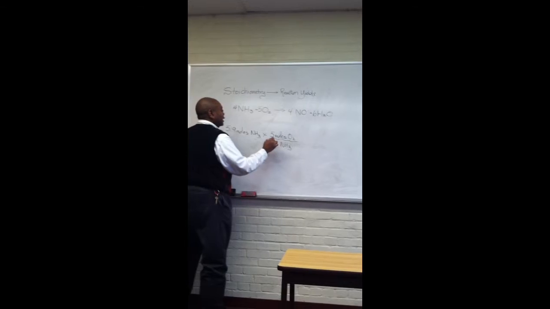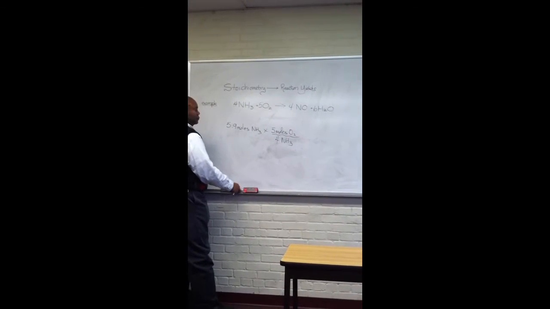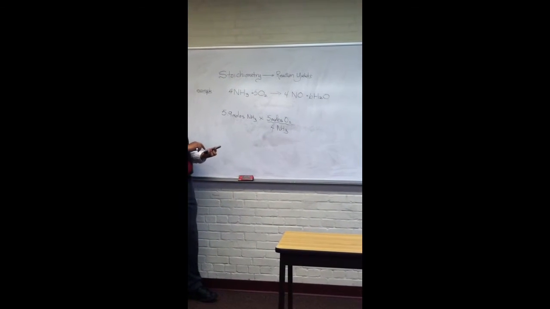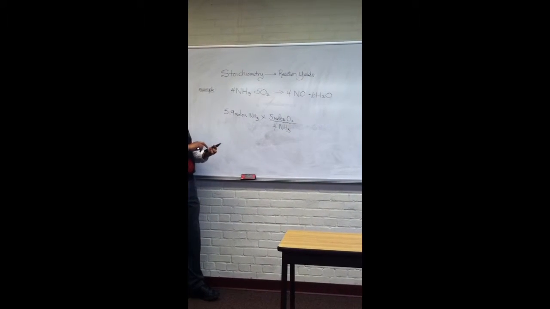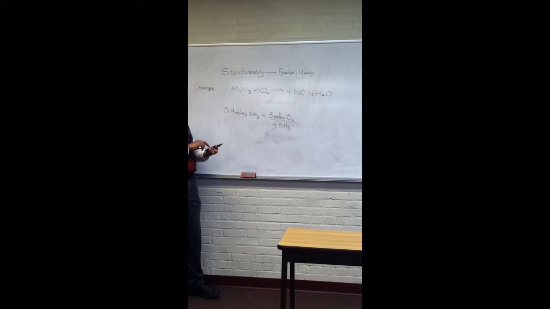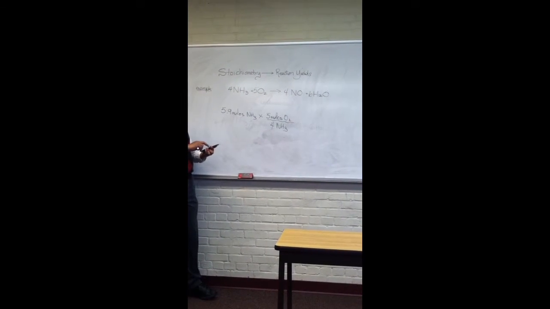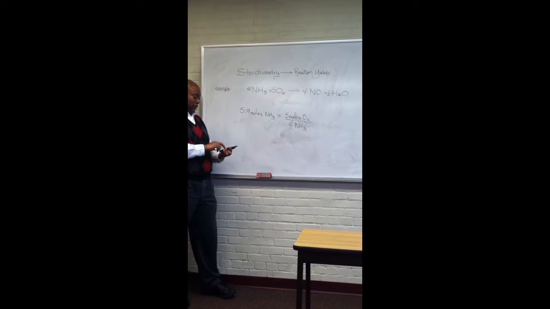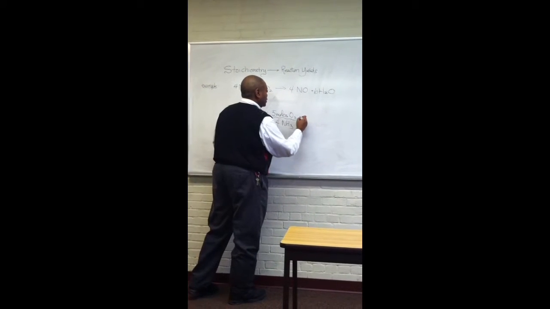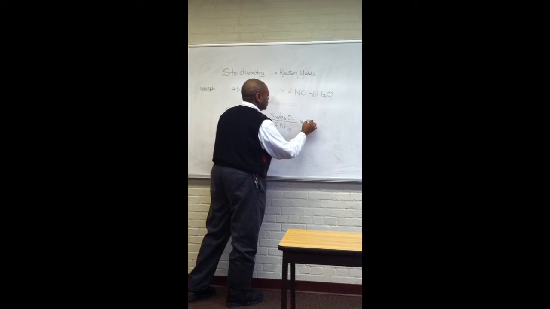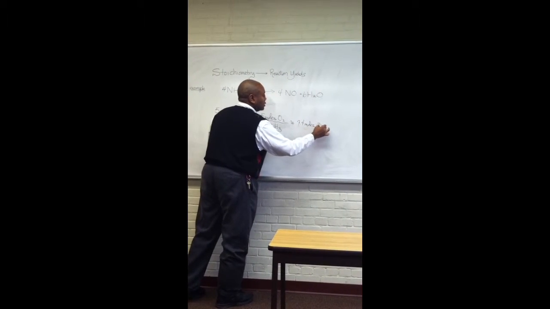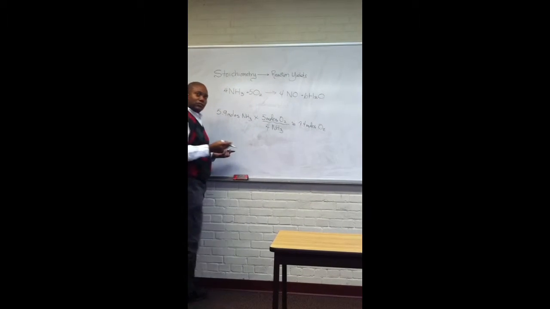Now, if I do the arithmetic and multiply 5.9 times 5 and divide by 4, I'll come out with approximately 7.4 moles of molecular oxygen.